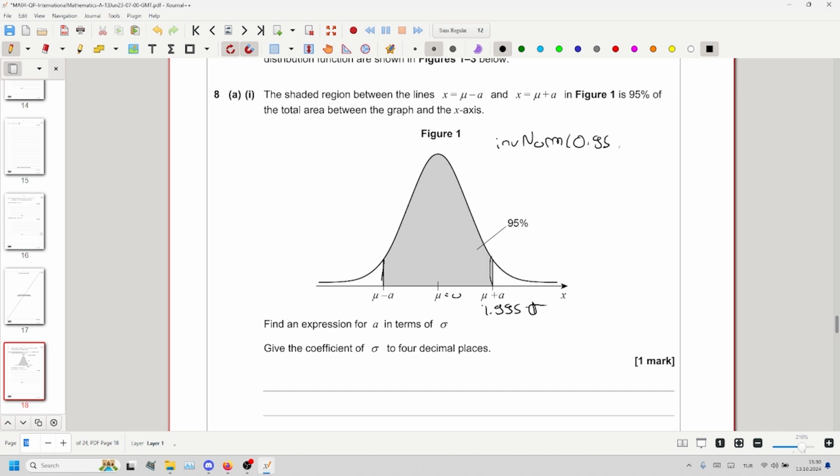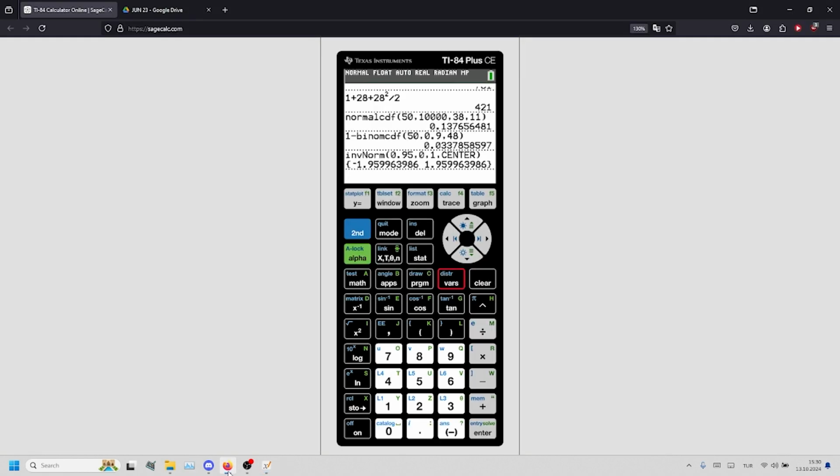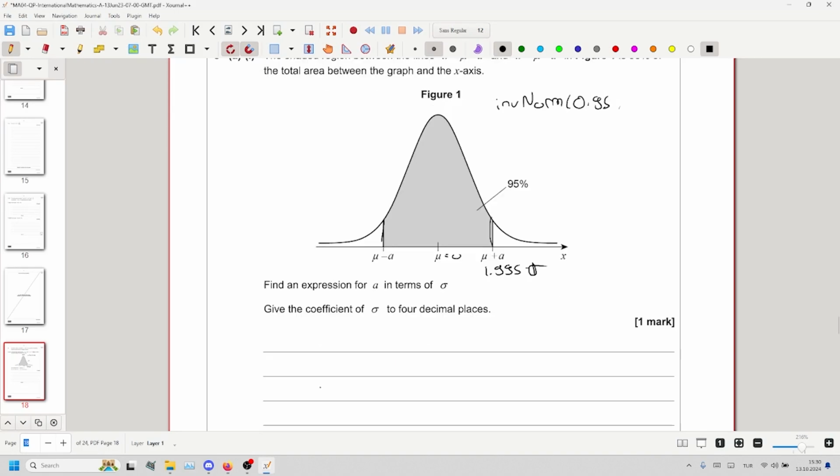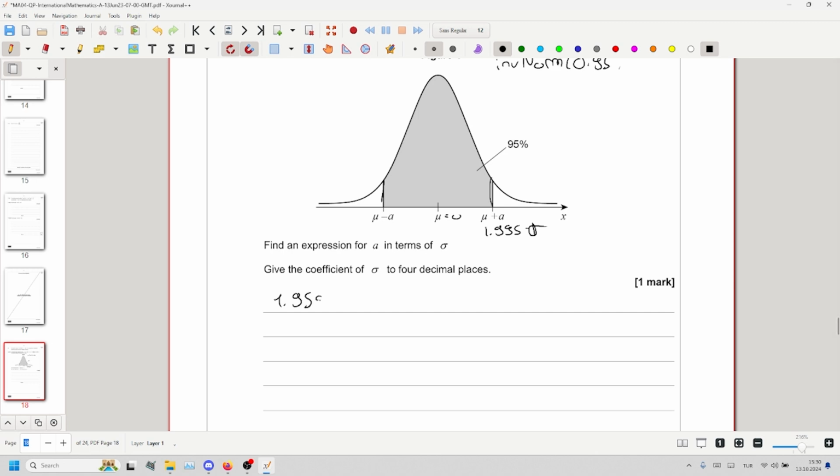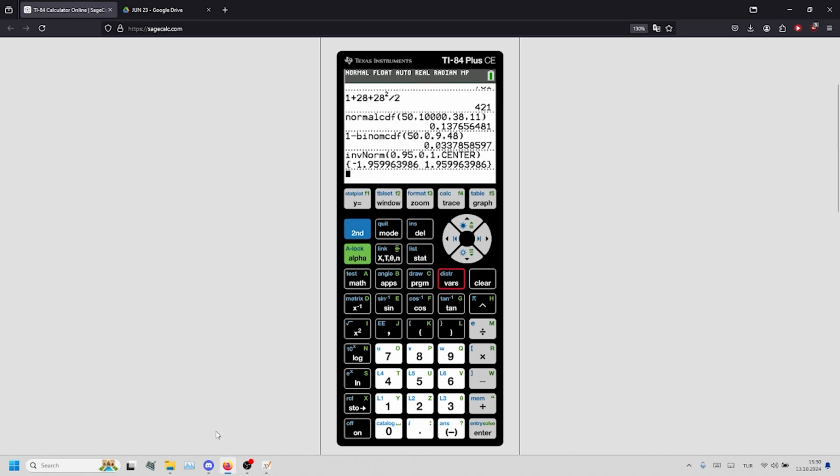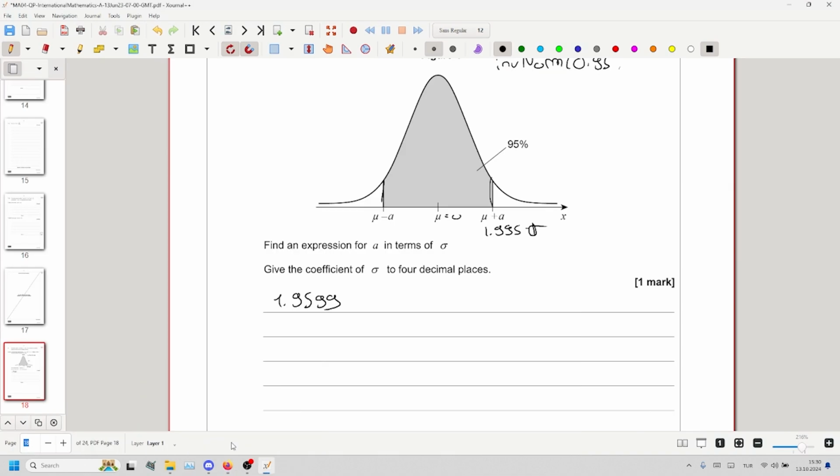So A in this case is going to be this value, 1.9599, which I think is the coefficient of sigma. It asks us for 4 decimal places. Oh, okay, then if that's the case, we have to round up because there's a 6 here. So that would be 1.9600, the coefficient of sigma.